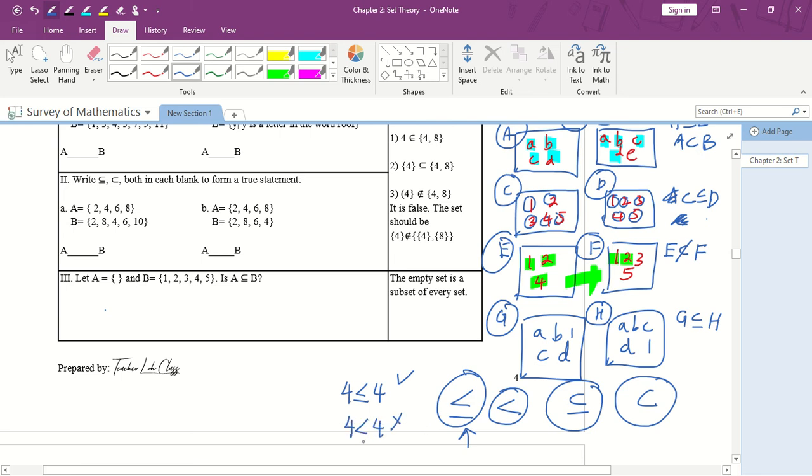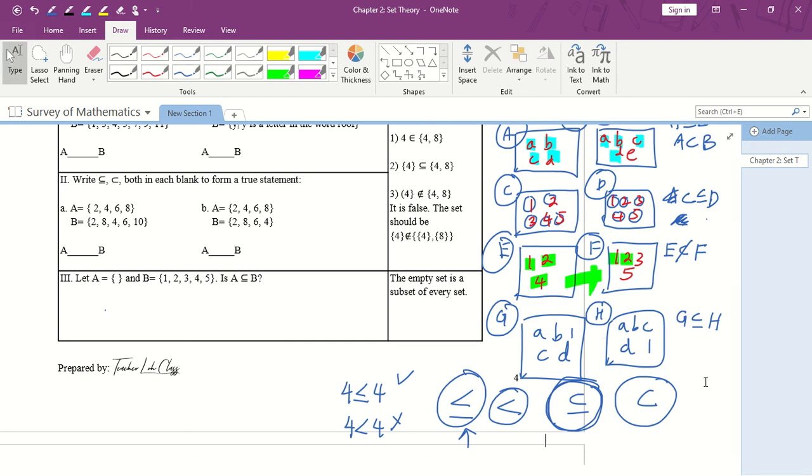Because we don't have the equal sign here. Just like this one, these have exactly the same elements. It's acceptable in subset. However, proper subset doesn't have the equal line here, so it doesn't accept sets that have equal elements. Okay? I hope this makes sense.